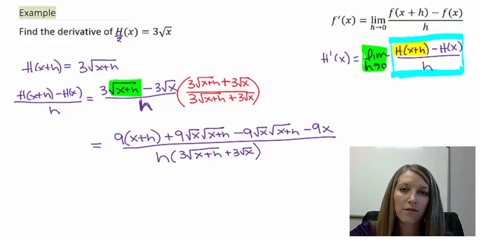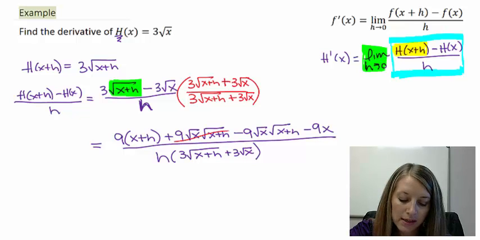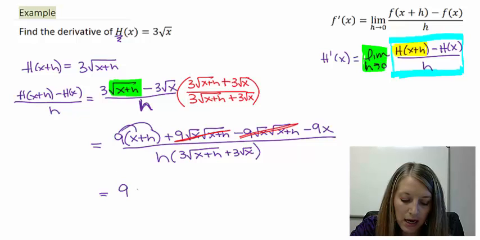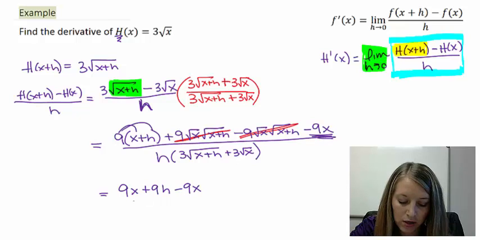So the purpose of rationalizing or multiplying by the conjugates is so that things cancel out, and that's what happens here. In the numerator, I distribute this 9 here to give me 9x plus 9h, and then I subtract my 9x over here.